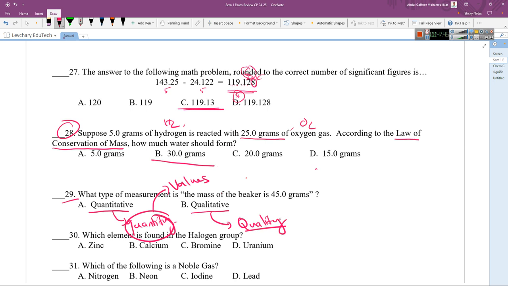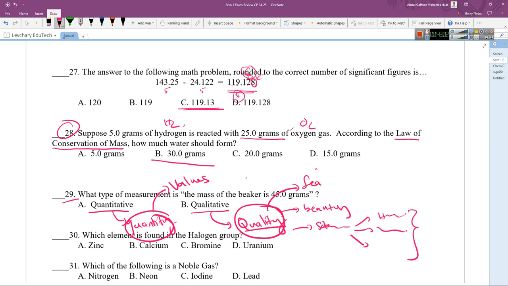For example, beauty, or satisfaction level: highly satisfied, moderate, not satisfied at all. Likewise, we have categories. So quality means the features. Now tell me the answer according to this idea.